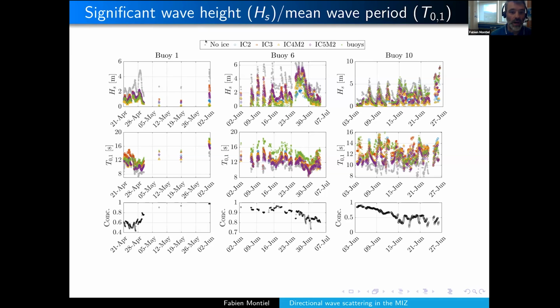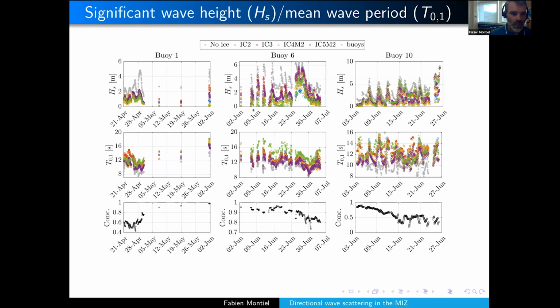And we also include a no ice run. Now, obviously, the no ice run consistently has higher significant wave heights, because of course there is no attenuation of the waves, and it's reassuring to see that when you include the ice, both in the model and the data, we have less energy. So indeed, the ice attenuates the waves.